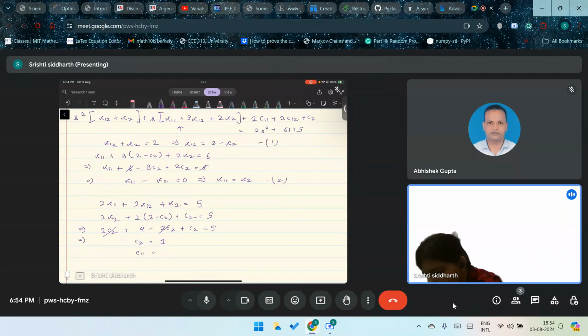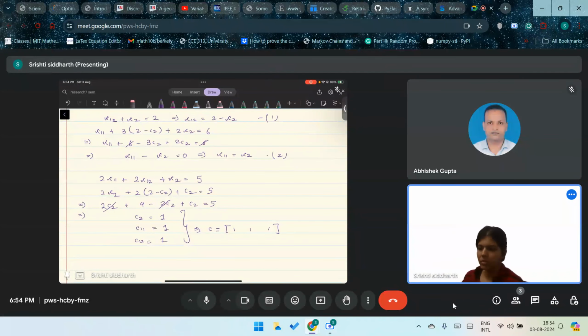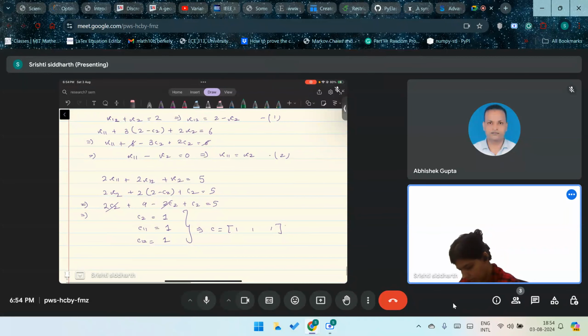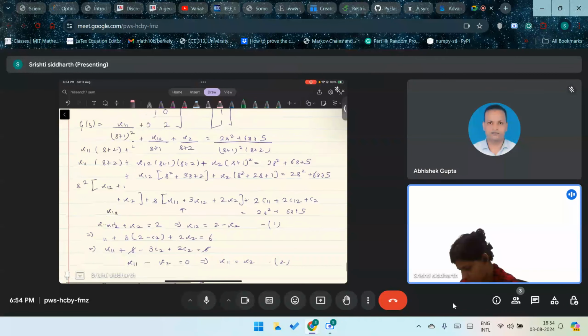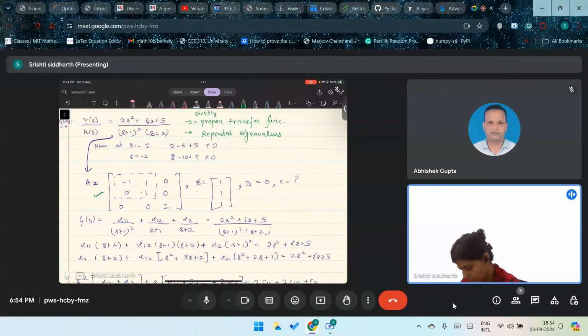So C11 is 1 and C12 is 1 again. So this is just the row vector of 1s. So we have C here. We have already computed A. Because of repeated eigenvalues, we have B, and then D equals 0 because it's strictly proper.